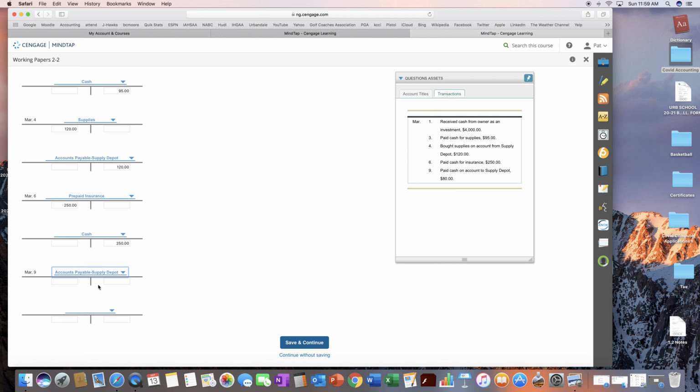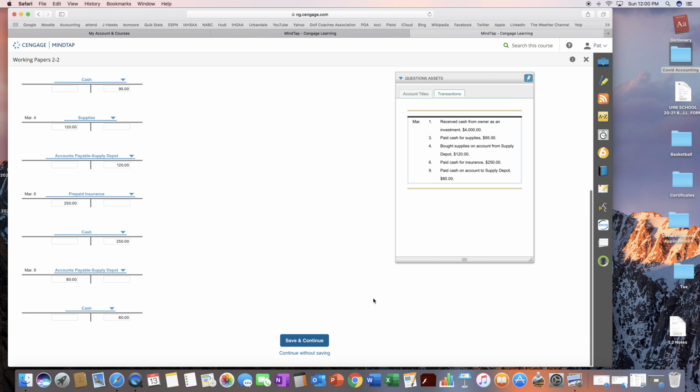How do you lower a liability? We lower it with a debit. We know cash is credit. So what we did there is we paid $80 of the $120 bill. You decrease the liability with a debit. And that's how you do T-accounts.